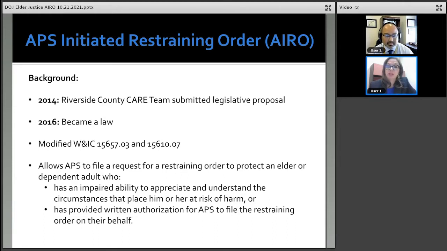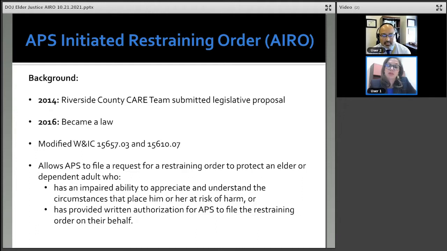And sometimes families who were the suspected abusers in some of our investigations were actually prohibiting us from having interaction with them so that we could intervene. So in 2014, we submitted a legislative proposal to allow Adult Protective Services to petition for a restraining order to protect elders or dependent adults that were unable to protect themselves.